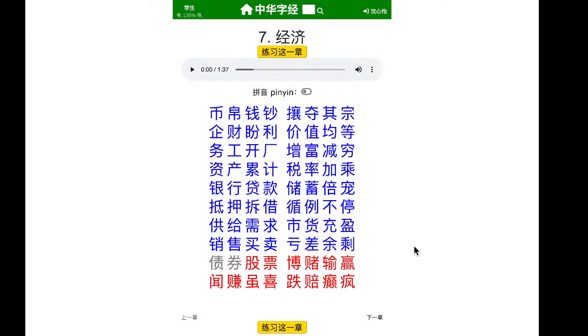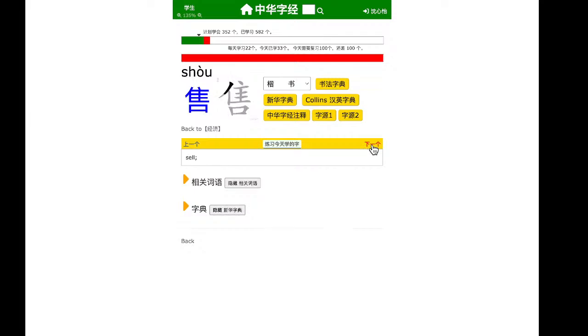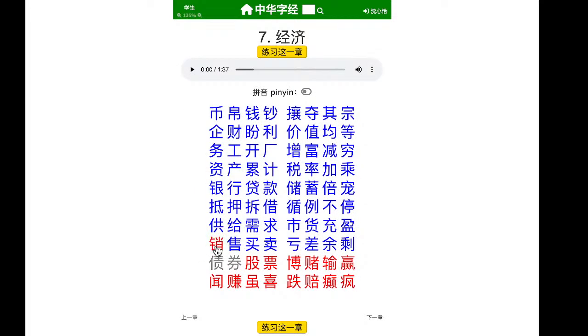Yeah, 余剩 is surplus, like the surplus value that Marxists talk about. 销售买卖. When you're selling and buying things, there are always profits and losses.